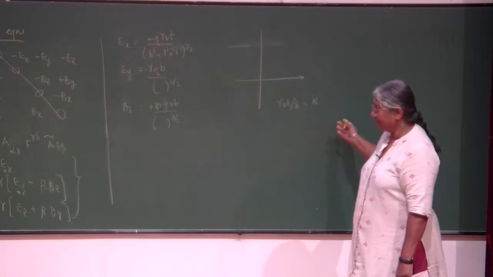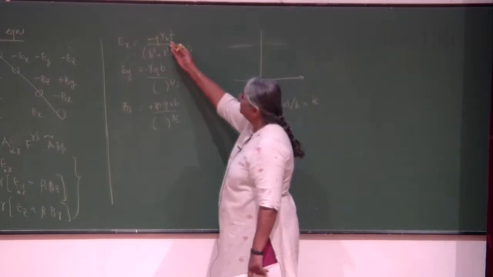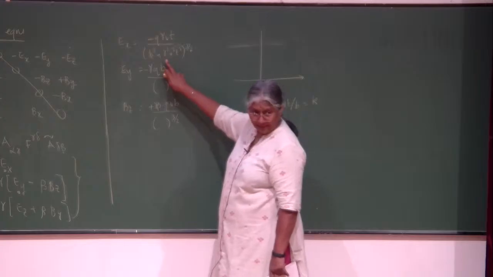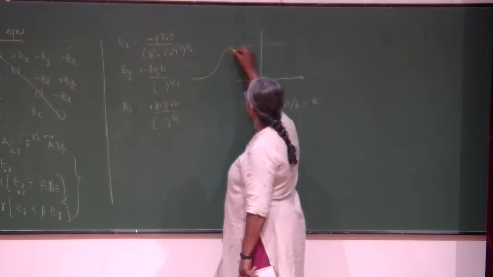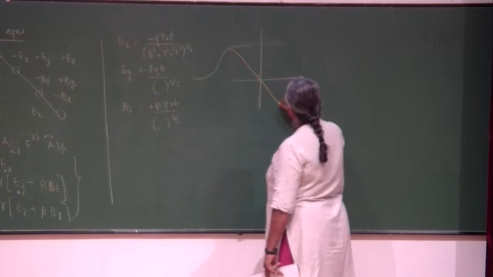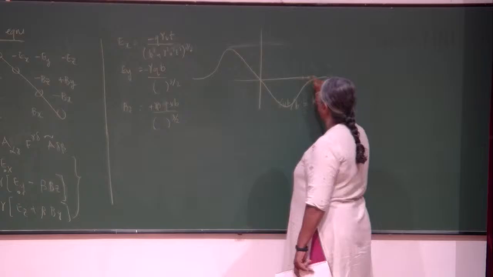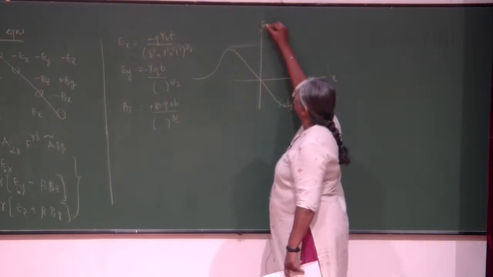So as k increases, this is falling as 1 plus k squared. So how will it go? At minus infinity, the denominator is going to be increased by gamma squared, right? But in fact, long before infinity, it will go away to 0. Then it's an odd function, and then it will come back here, right? This is x and this is Ex.